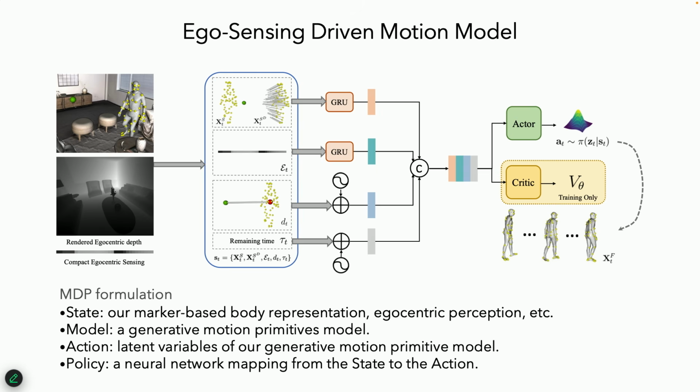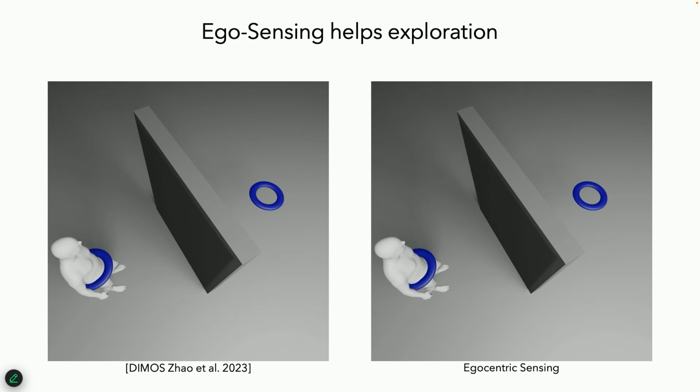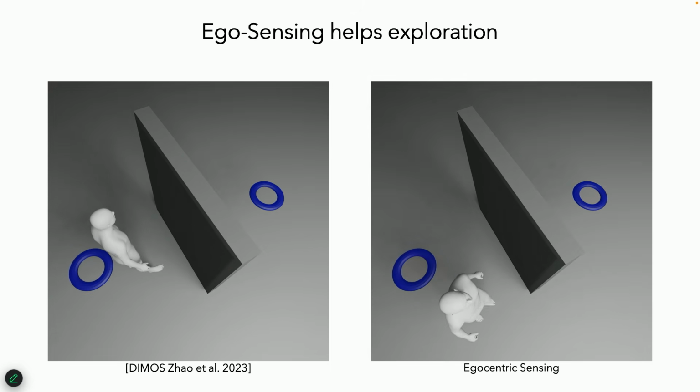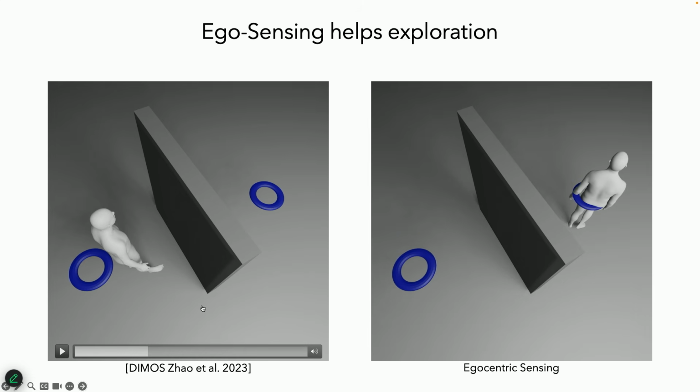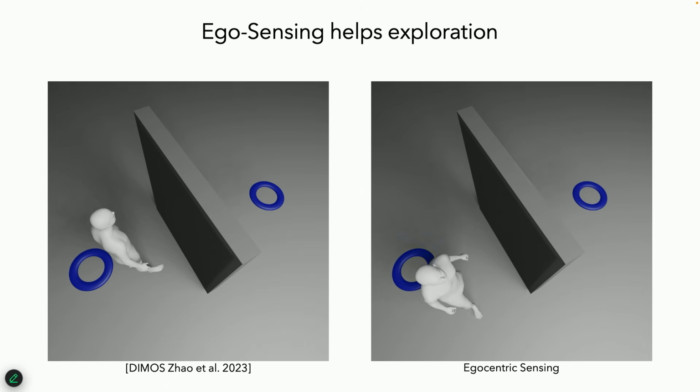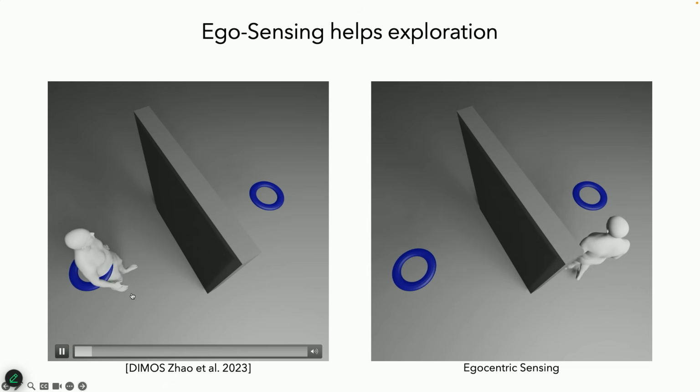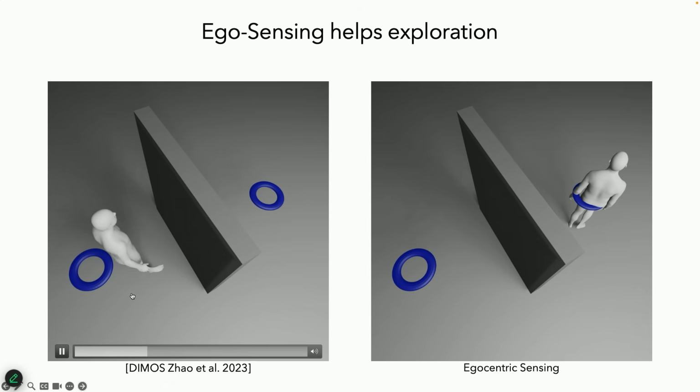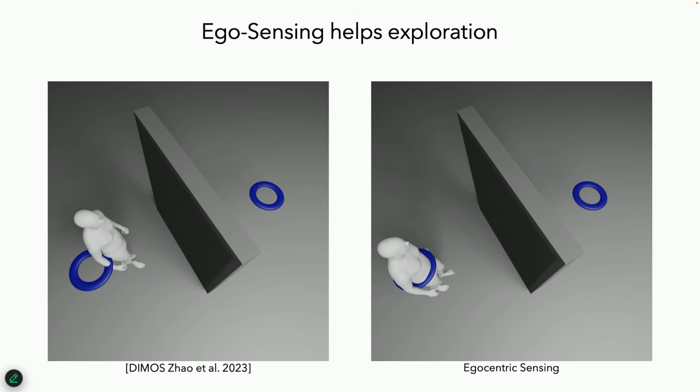And I want to show you 2 results. For people who study motion synthesis, it was very encouraging for us because, for example, our previous work, which is called DIMOS, which used certain types of environment features to encode the environment, had a very hard time doing exploration, to go beyond the training distribution.